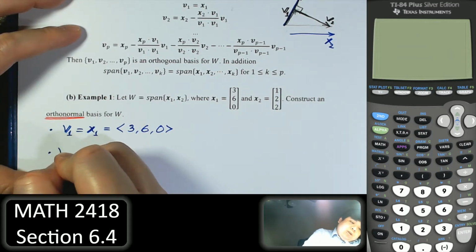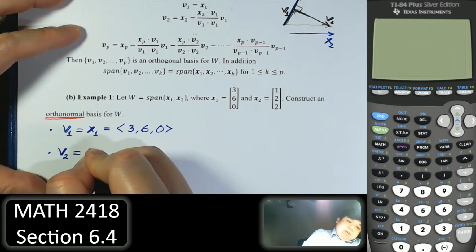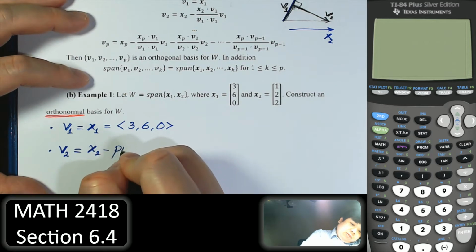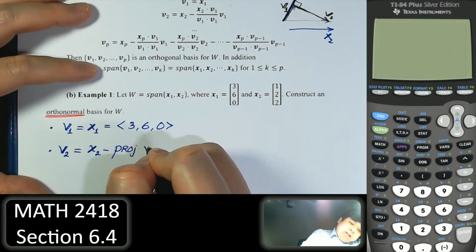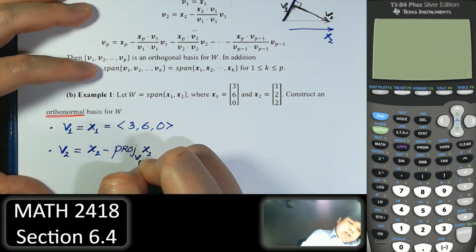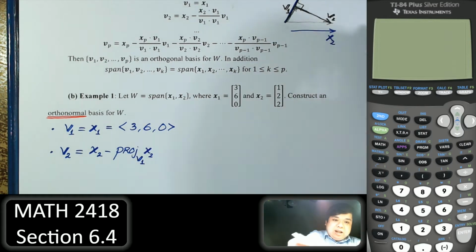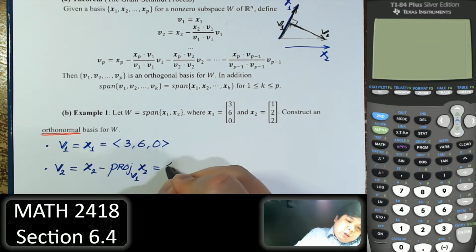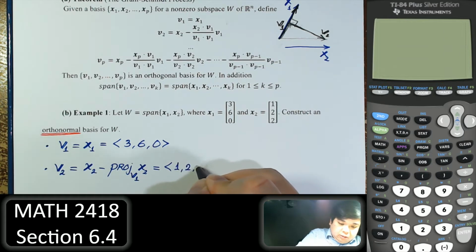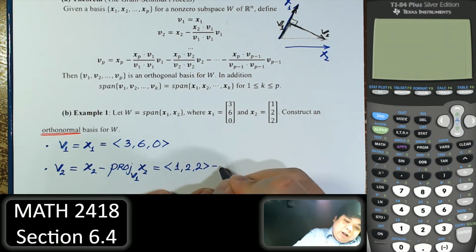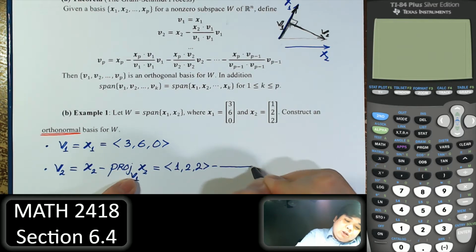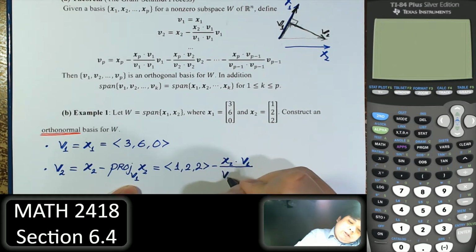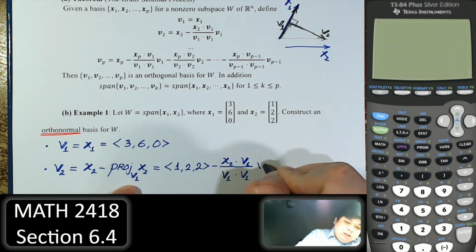And then next, to get v2, it's going to be x2 subtract the projection of x2 onto v1. So that's exactly what we do here. x2 is 1, 2, 2, and then subtract the projection of x2 on v1, which is x2 dot v1 over v1 dot v1, times v1.